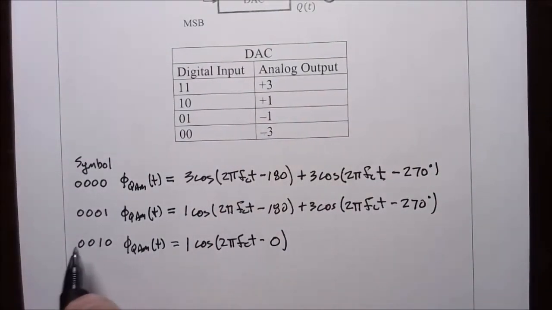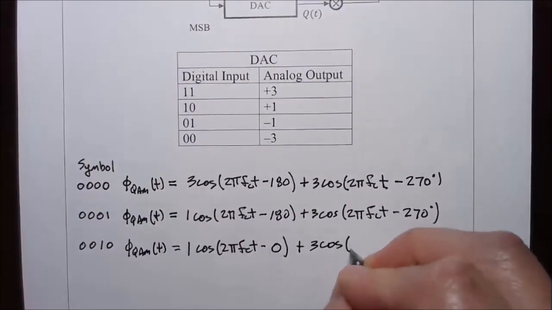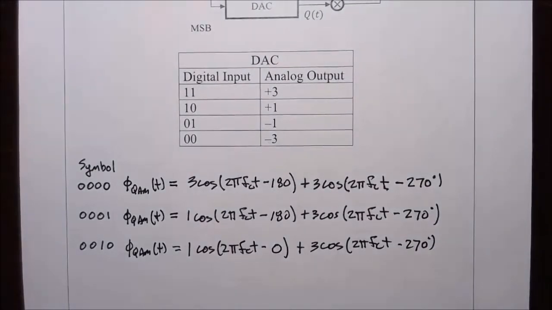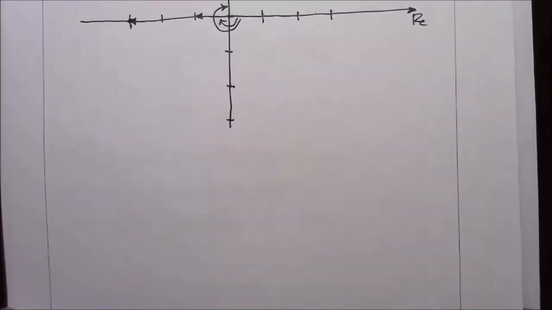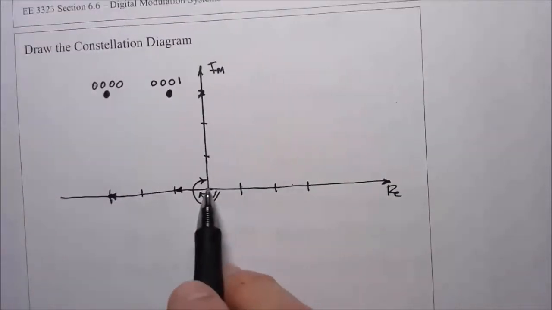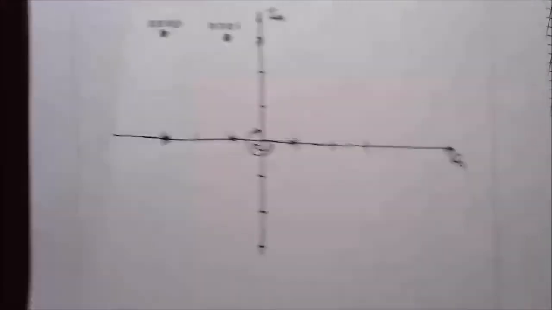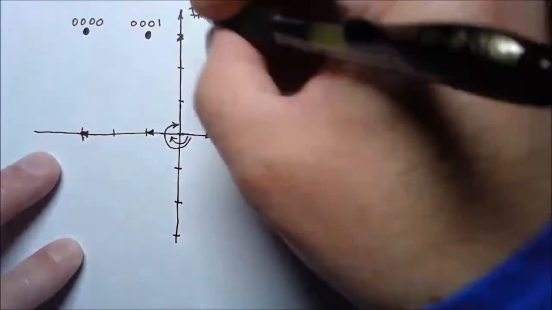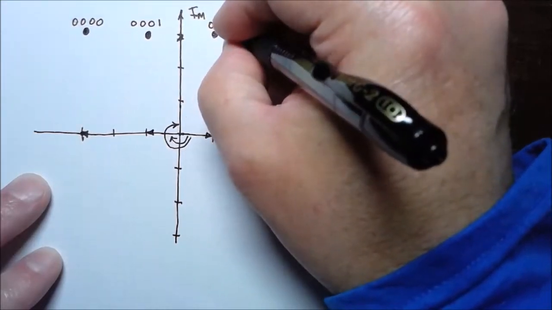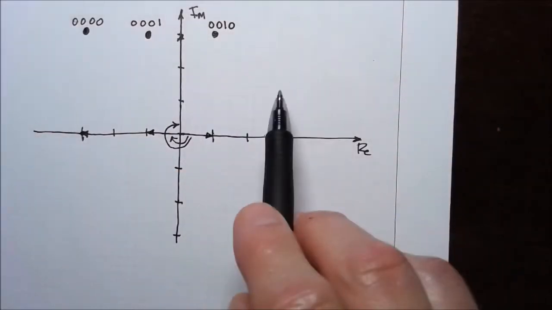And then for the more significant bit, 0, 0, we get the same, plus 3 cosine 2 pi FCT minus 270 degrees. And we draw the phasor. We have 1 with an angle of 0 plus 3 with an angle of minus 270 right there for 0, 0, 1, 0. And I'm willing to bet 0, 0, 1, 1 falls right here.